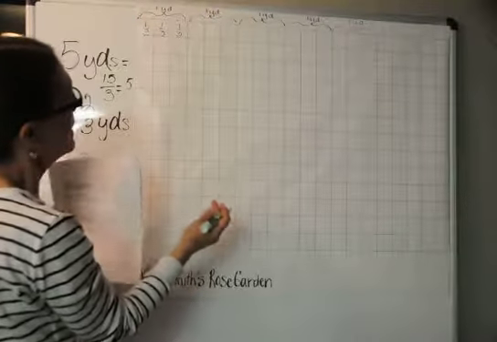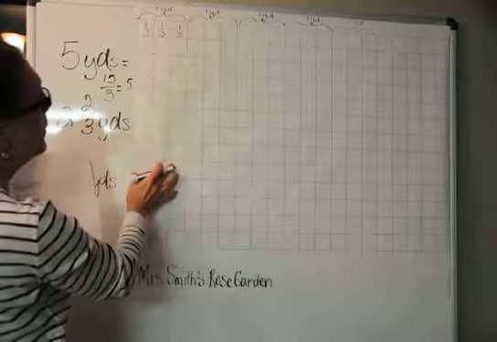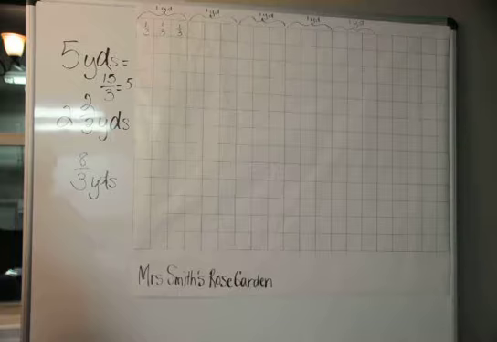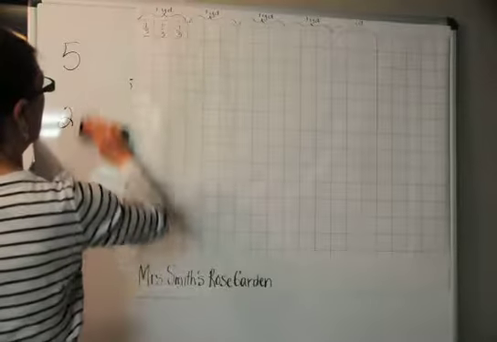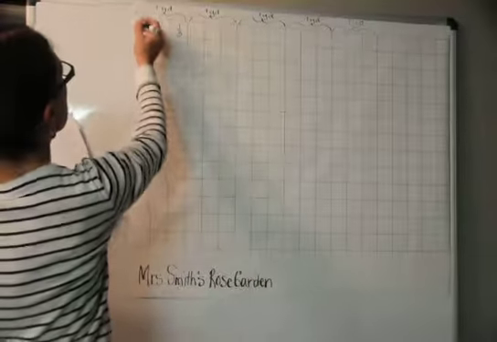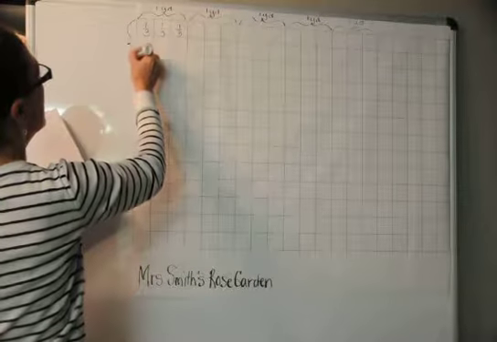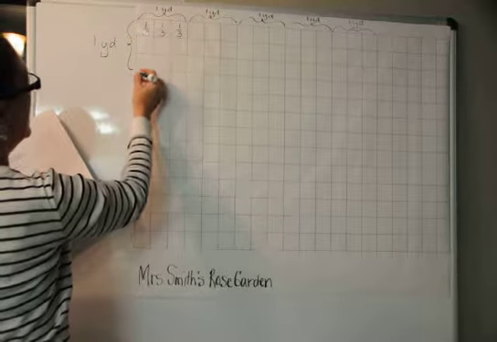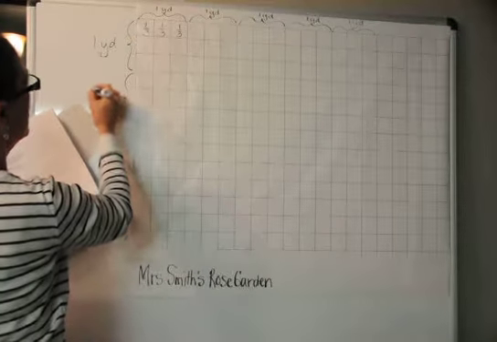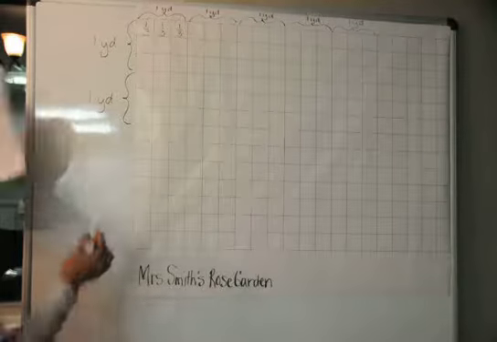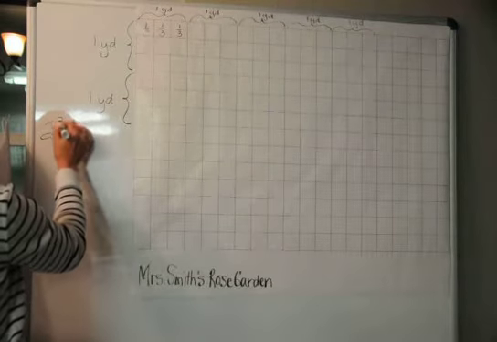We could do the same thing for our width, and let me go ahead and erase that. We're working with 2 2/3, so here would be 1 yard. This would be 1 yard. But for our width, we have 2 2/3.